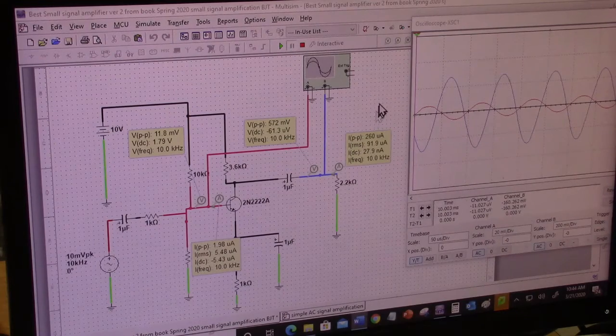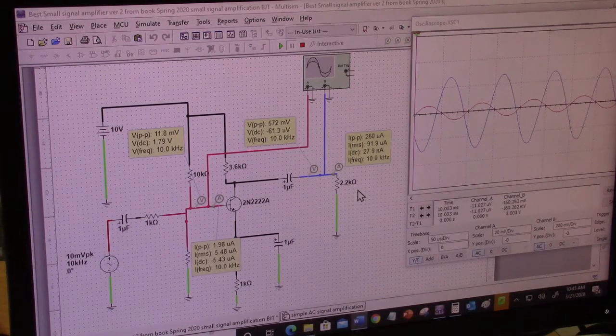Okay, so we're talking about the common single stage amplifier, and this actually is a pretty standard circuit. It's called the common emitter single stage amplifier. And why it's called single stage is that there's only one transistor. If there were another transistor cascaded next to it, then it would be a two-stage amplifier.